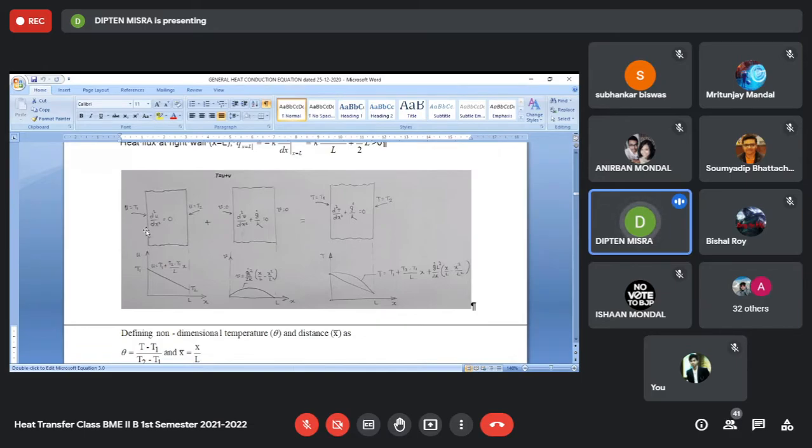So heat flux is in the positive direction, and the area is pointing towards the negative x direction. If we make a dot product, it will be the magnitude of heat flux into surface area multiplied by cos theta, the angle between the positive x direction and the negative x direction, and that theta is equal to 180 degrees. So cos 180 becomes equal to minus 1.